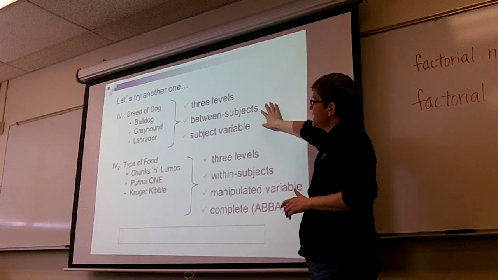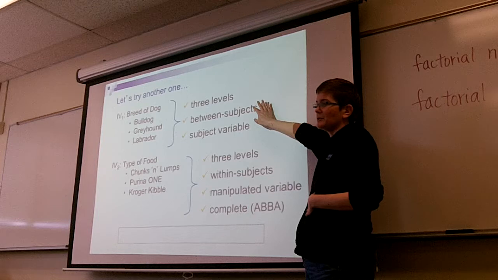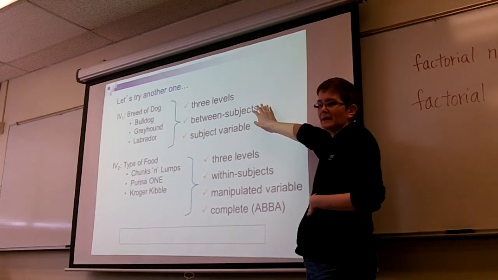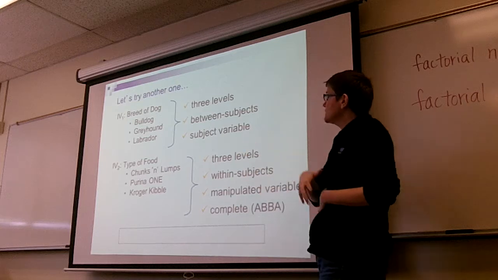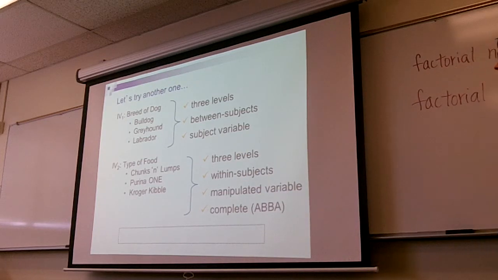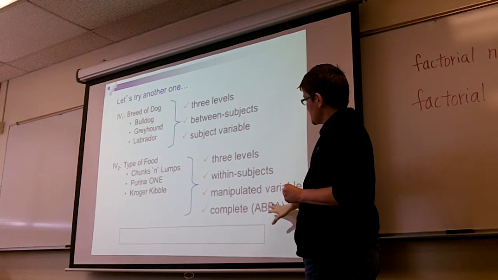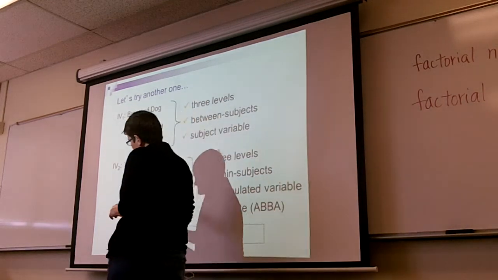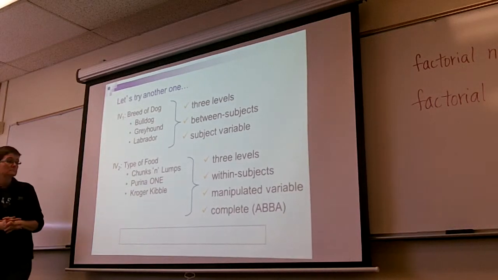This is between subjects because a dog can't be a bulldog now and then a greyhound and then a Labrador. It's one or the other, right? We're going to do this one within subjects. It's manipulated. This is subject variable. We're going to use ABBA counterbalancing here for this. So that makes it a complete design.